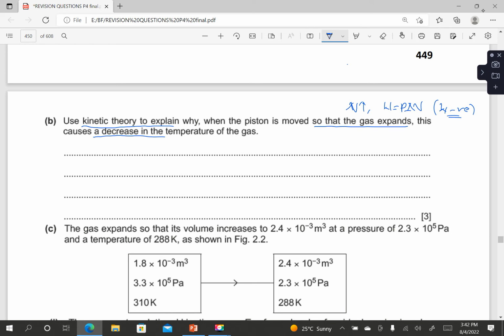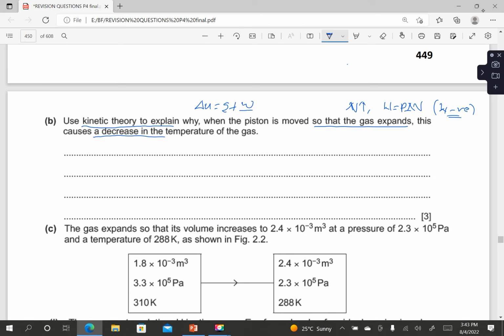For an ideal gas, there is no potential energy, so the change in internal energy depends entirely on the kinetic energy of the molecules. From the first law of thermodynamics, the change in internal energy, delta U, is equal to Q plus work done.